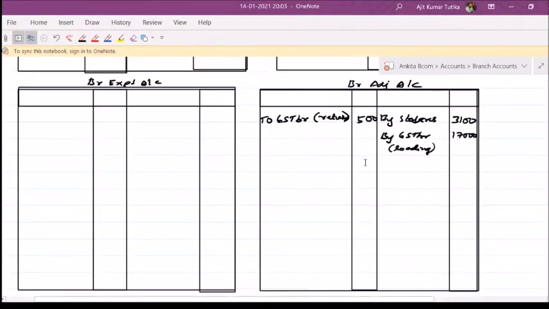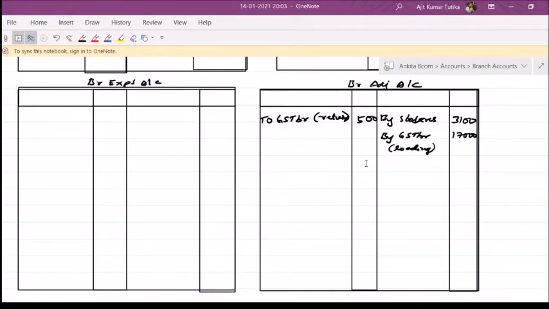Don't get confused. In some problems they will not ask you to make branch P&L account. That's why branch accounts look a little confusing. Like if you go to single entry, it was kind of like this only.